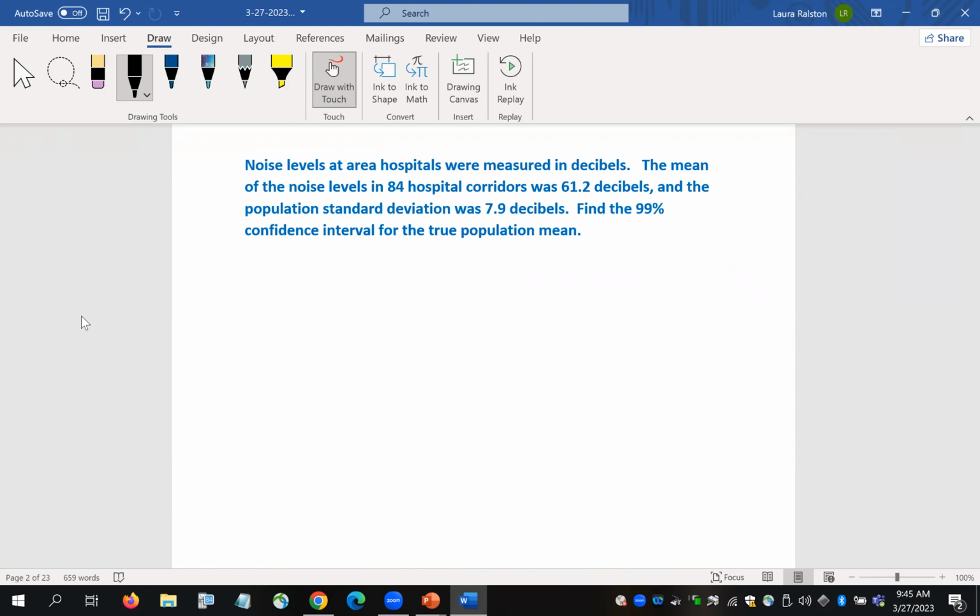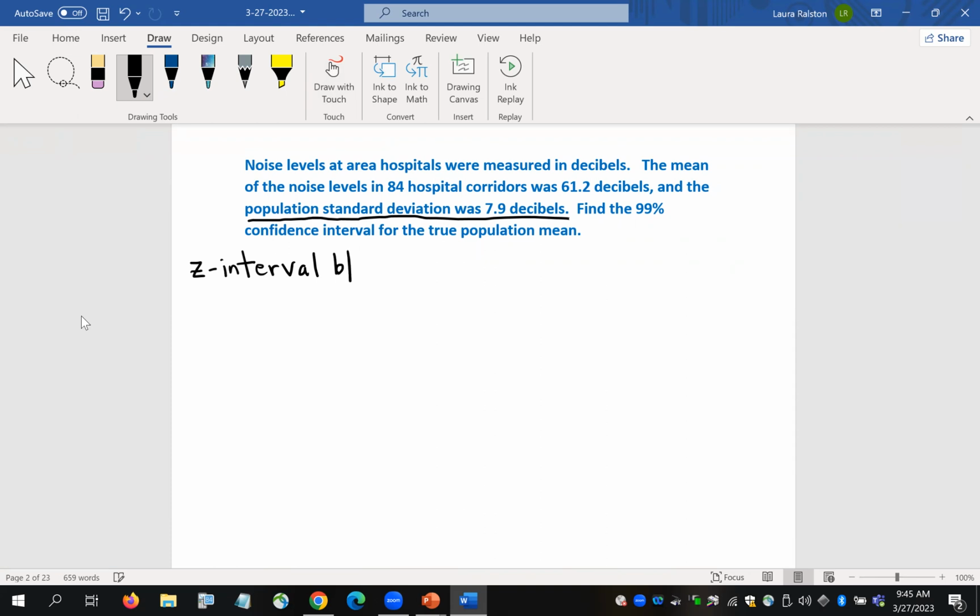Now remember, in most of these confidence level problems, you're going to be given all of the information that you need. The first thing that I notice about this problem, and it's important for you to notice, is that it gives me the population standard deviation. So because I know the population standard deviation, I'm going to calculate a Z interval.